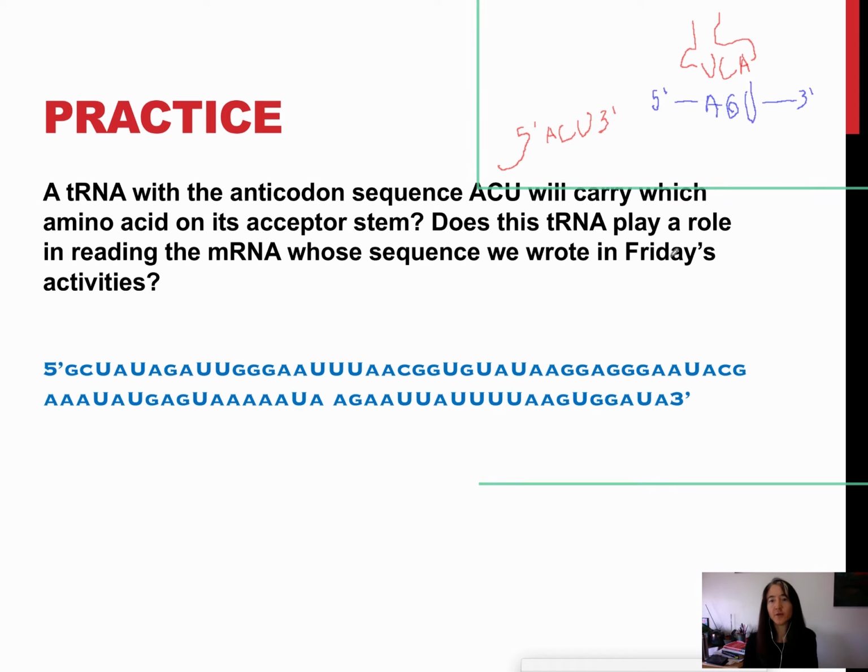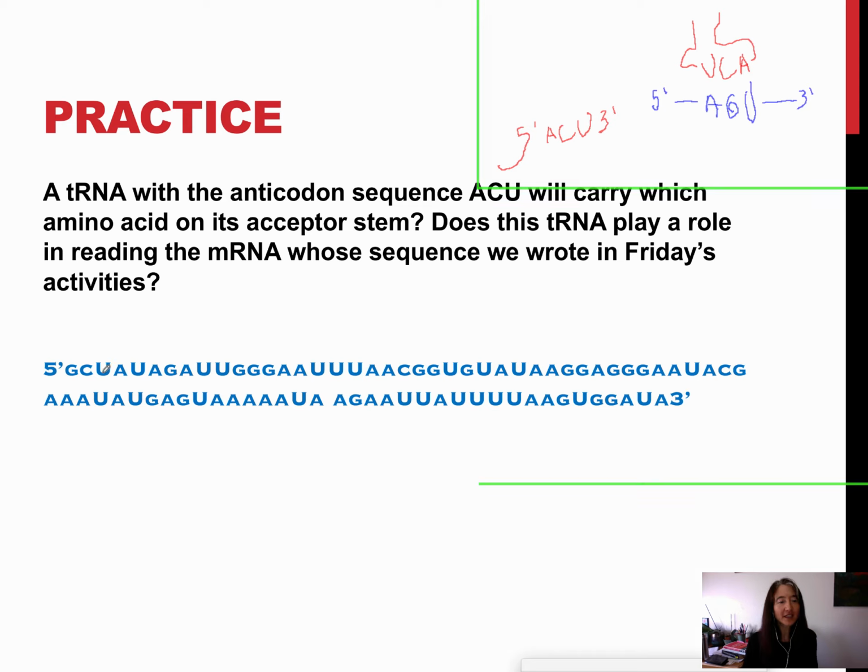So then the question becomes, in the mRNA that we've already written for our peptide, do we see the codon AGU occurring at any place on this mRNA in the coding sequence? So in order to find the coding sequence, the region that is actually converted into polypeptide chain, the first thing we have to hunt down is the AUG start codon.